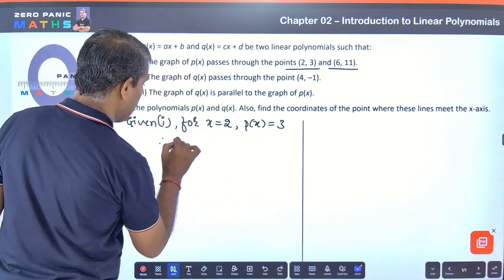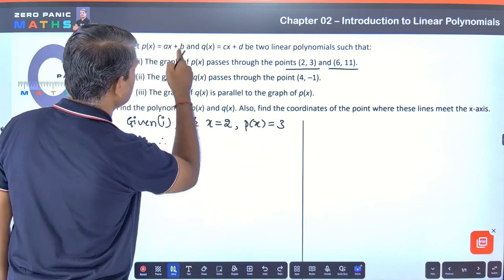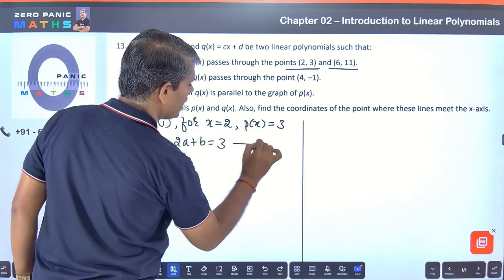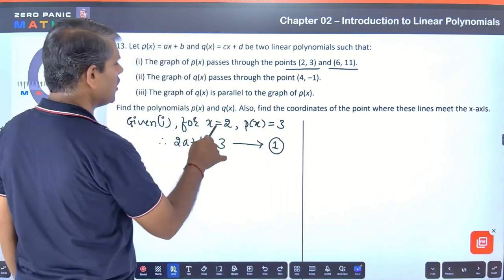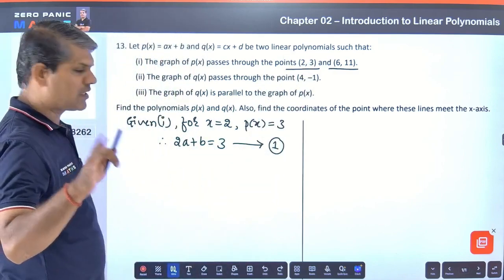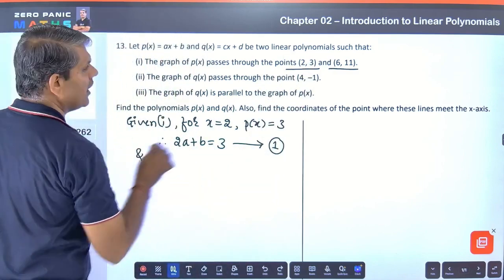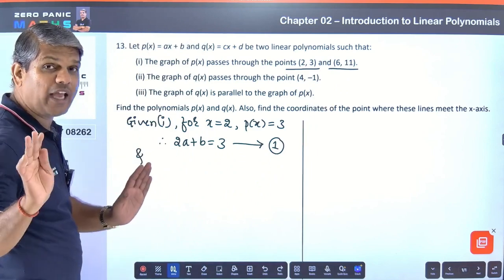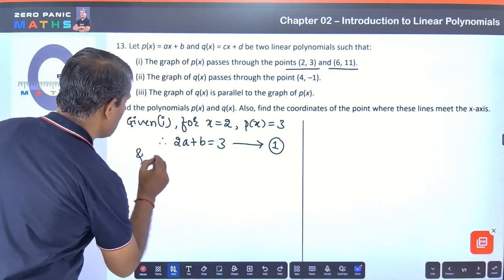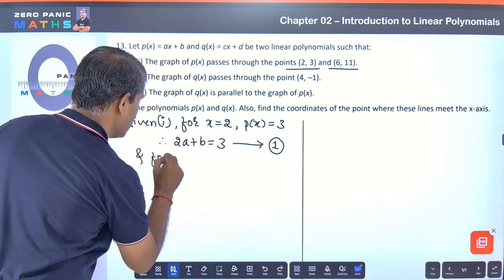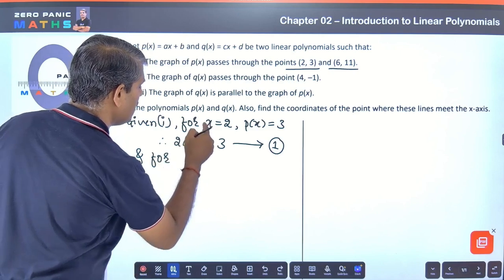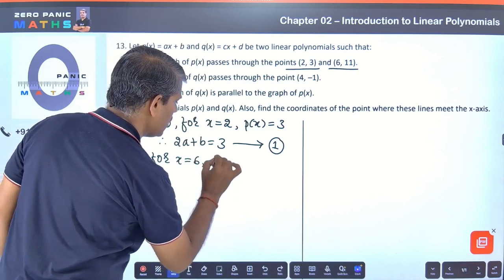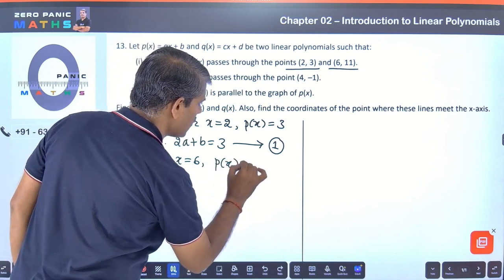Therefore, 2a plus b, and p of x is equal to 3 in that case. This is equation 1 from the coordinate point (2, 3). You understood this? Now similarly, for x is equal to 6, p of x is equal to 11. P of x is y in this case, don't get confused. Let me take the second coordinate and form the second linear equation, that is for x is equal to 6, p of x is equal to 11.